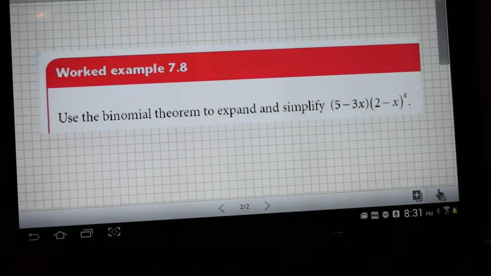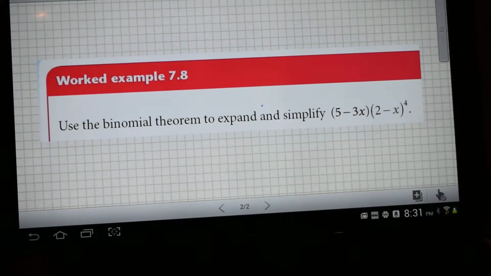cut that. I forgot how I did this earlier.